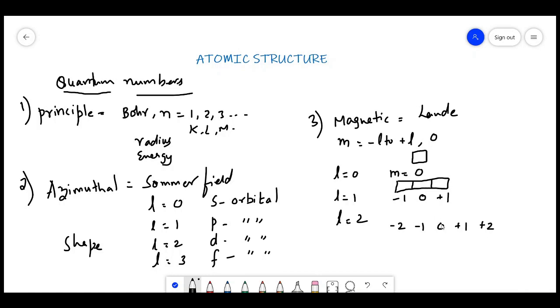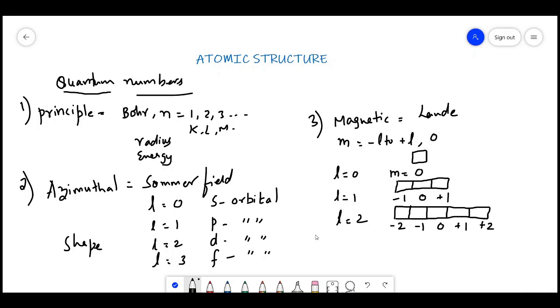In the d subshell, the number of degenerate d orbitals is equal to 5: dxy, dyz, dxz, dx square minus y square, and dz square. In the same way, you can also write L value 3 for f orbital. The maximum number of electrons in s is 2, total p is 6, and total d is 10.